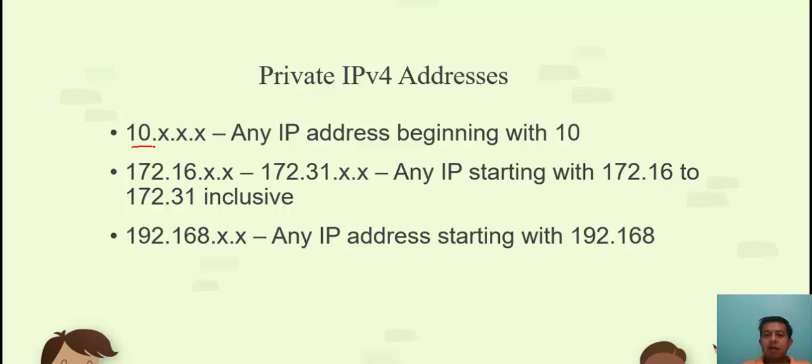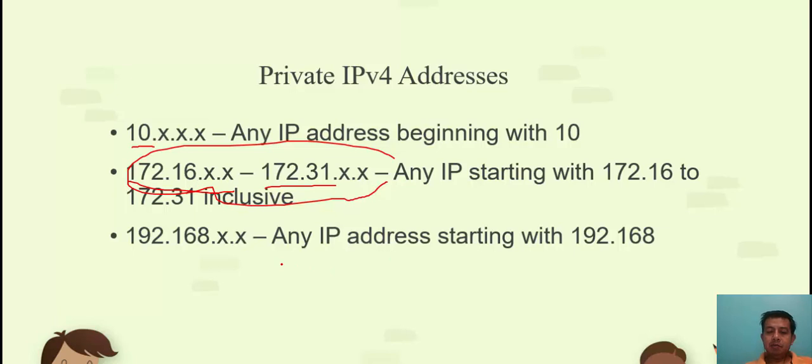Any address that starts with a 10 is a private IP address of class A. In class B, any IP address that starts with 172.16, from 172.16 to 172.31. Any IP address in this range is a private IP address in class B.